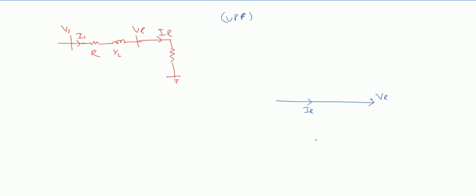Now what happens to the drop across the resistance? It will be IR into R, and this will be a straight line. Then this will be j IR XL.